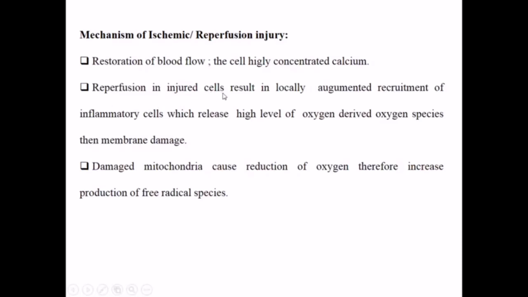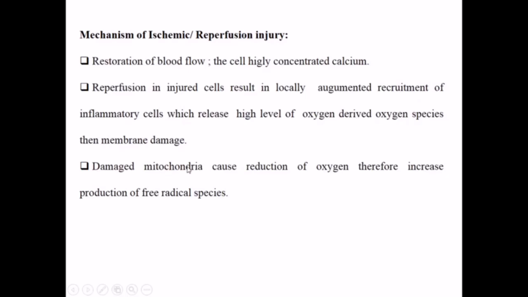Reperfusion in injured cells results in locally augmented recruitment of inflammatory cells, an increase of white blood cells, which release high levels of oxygen-derived species, free oxygen radicals. This leads to membrane damage.